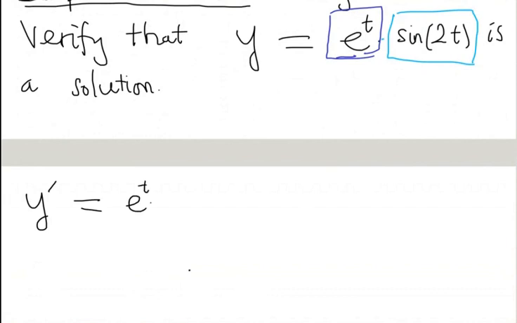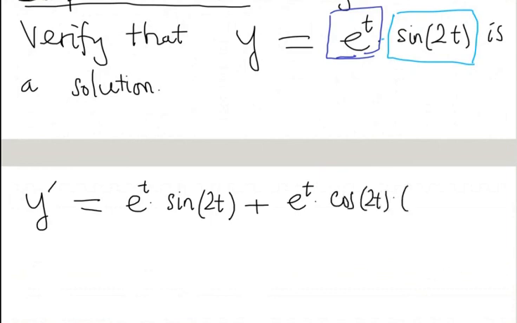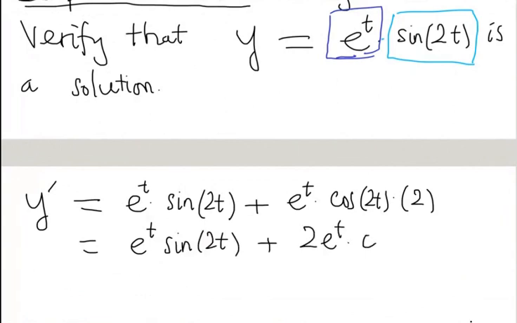We get the same thing, e to the t times sine of 2t, plus e to the t times the derivative of sine 2t, which is cosine 2t. But don't forget the chain rule. We have 2 there. We may rewrite this as e to the t sine 2t plus 2 e to the t cosine of 2t.